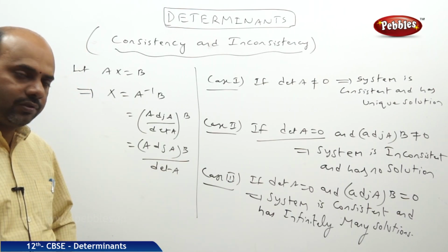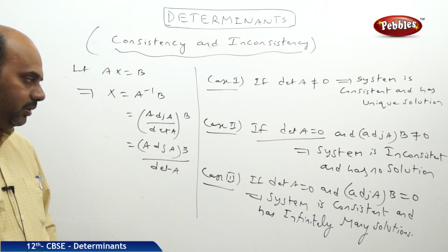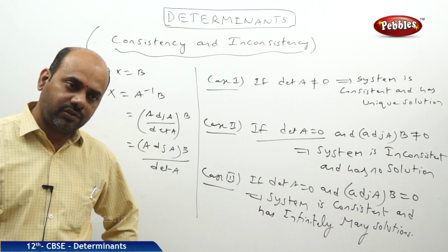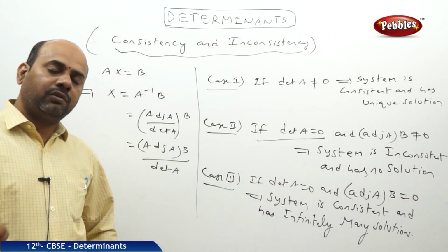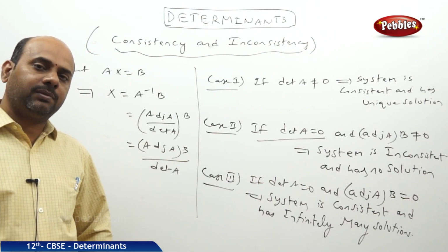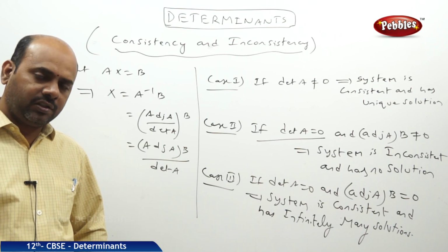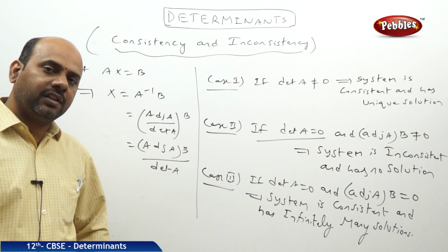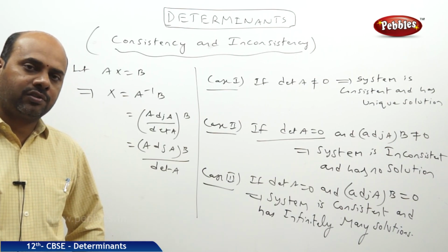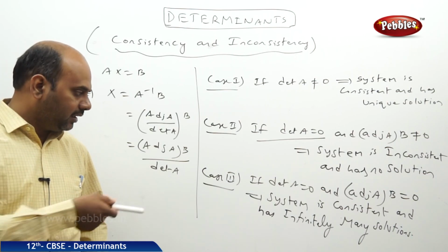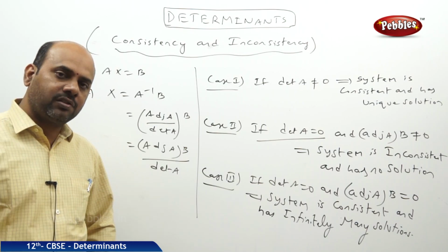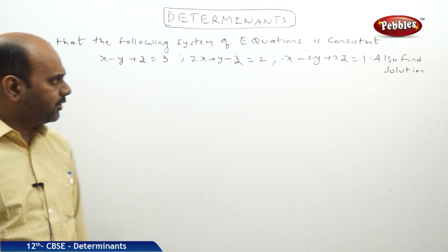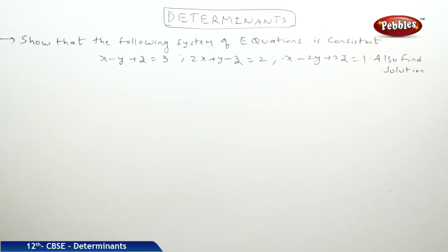Similarly, if det A is equal to 0 and adjoint of A into B is equal to 0, the system is consistent and has infinitely many solutions. And we need to put one of the variables x, y, z as an arbitrary constant, go by backward substitution, and then assume that constant as a real number, and that tells us the given system of equations has infinitely many solutions. Right, based on this pattern, we'll be doing a problem.